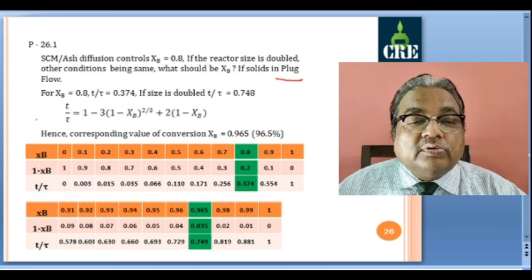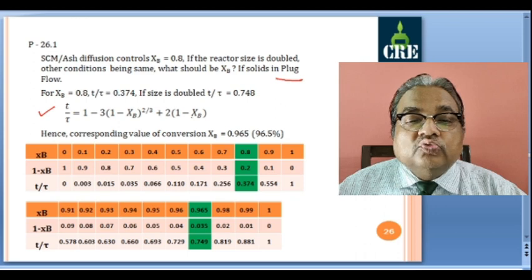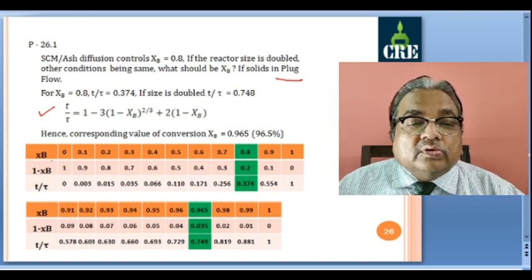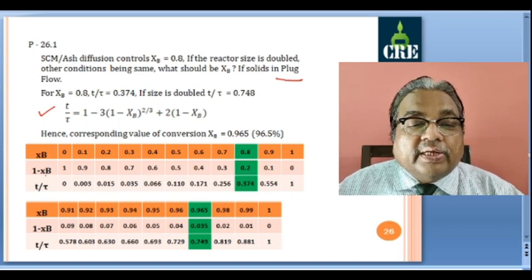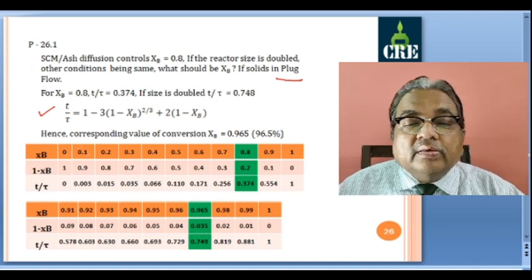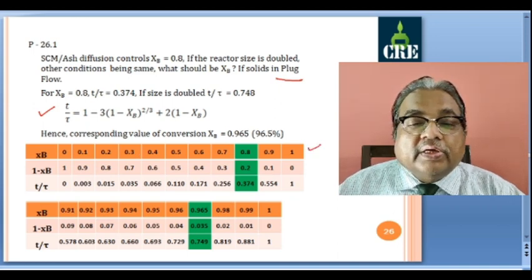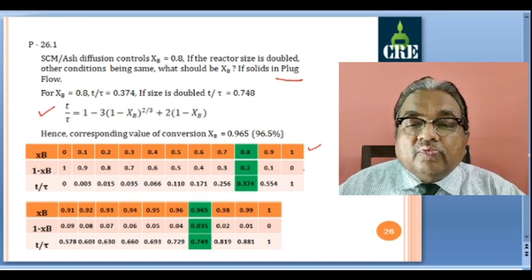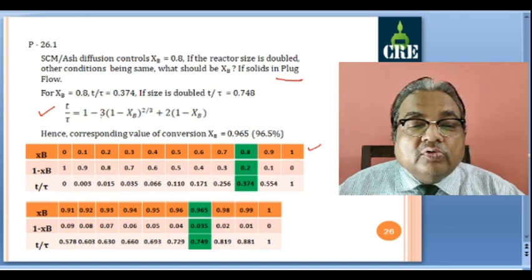So ash layer diffusion controls, we know the expression t by tau is equal to 1 minus 3 into (1 minus XB) raised to 2 by 3 plus 2 into (1 minus XB). So this is 1 minus XB and this is t by tau. So XB values, we know that they are varying from 0 to 1 only. So I am taking 0.1, 0.2 and so on, arbitrary values. For these corresponding values, 1 minus XB, of course you can write, and I am calculating t by tau using this expression.